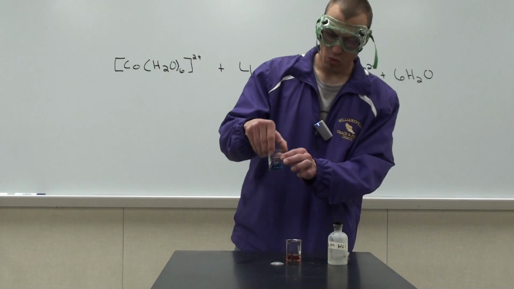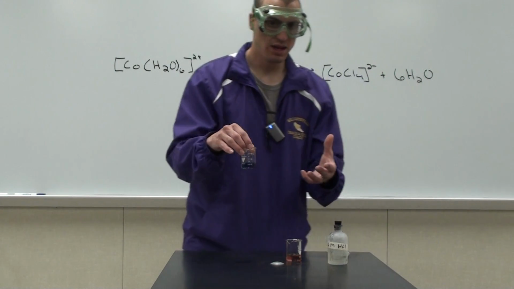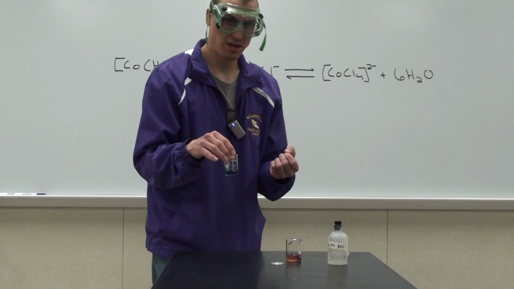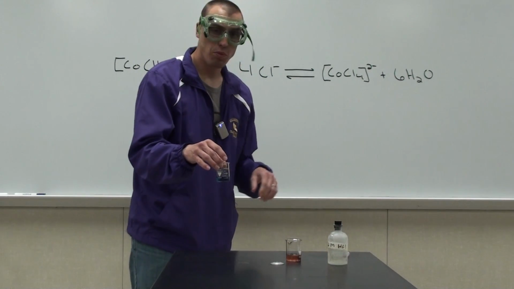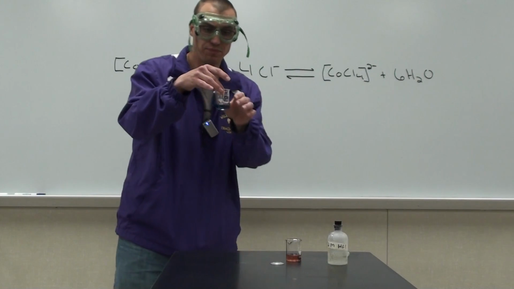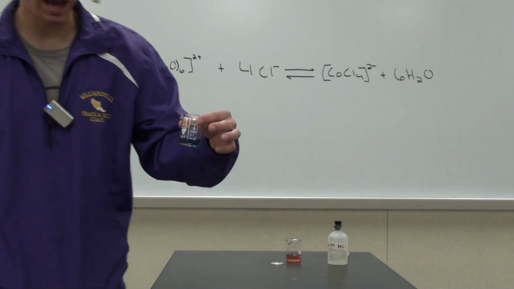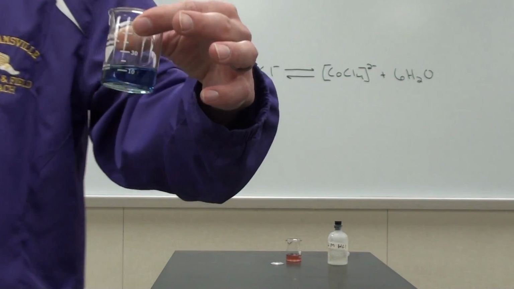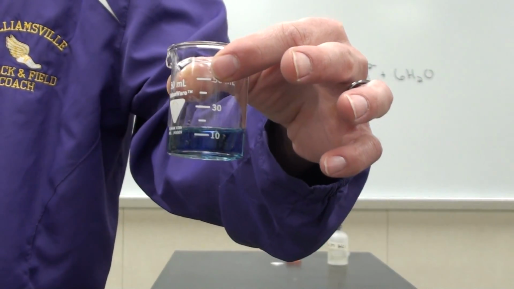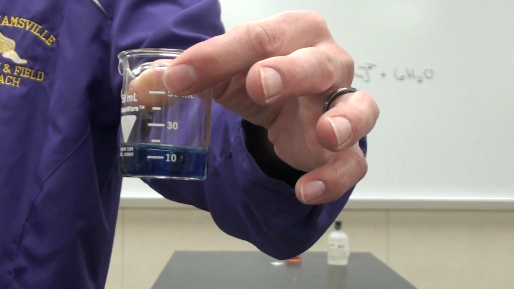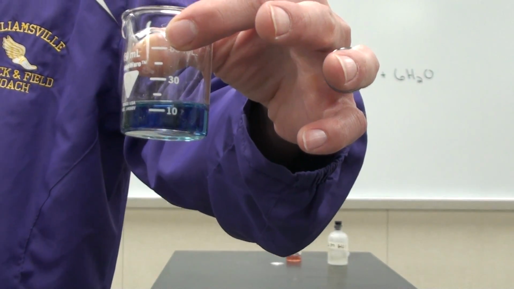So now I've added this hydrochloric acid, and I have produced this cobalt tetrachloride compound. You can see that it has a distinctly different color than our original cobalt solution. It's that dark blue that we see in solution.